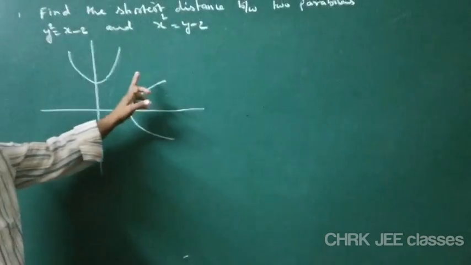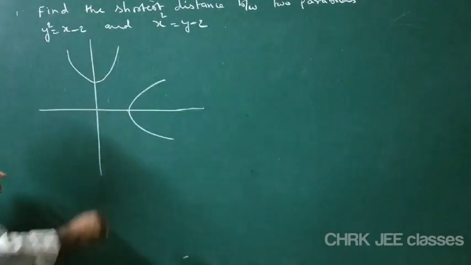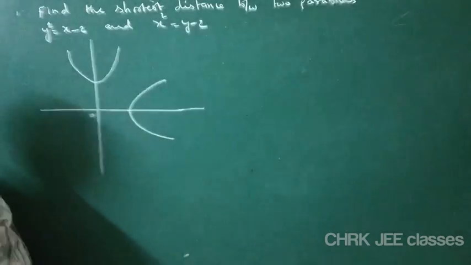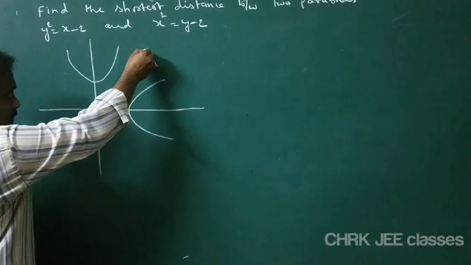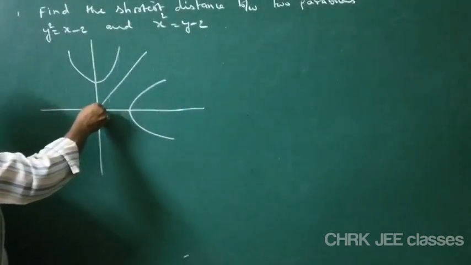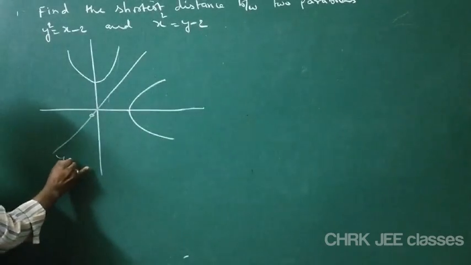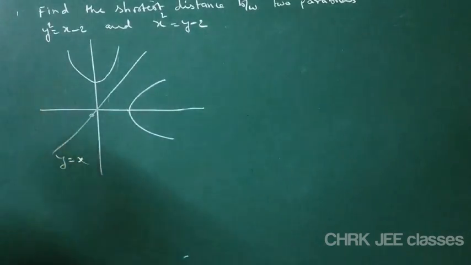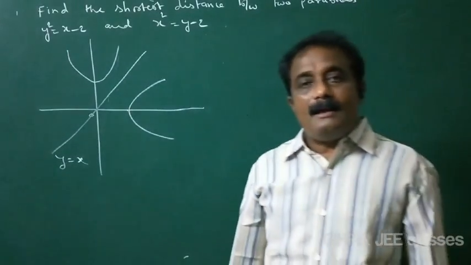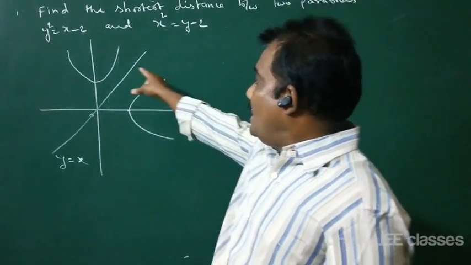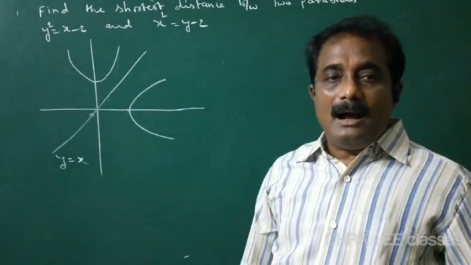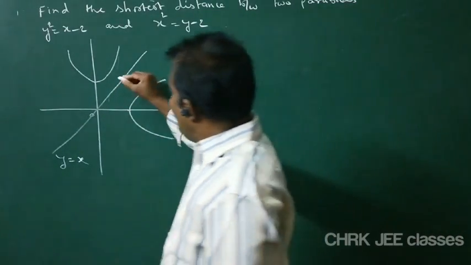Both have the same latus rectum and both are at the same distance from the origin. That's why these two parabolas are symmetric about the line y equal to x. This is the line y equal to x. Now listen. What I said, the shortest distance lies along the common normal. Here, these two parabolas are symmetric about the line y equal to x.